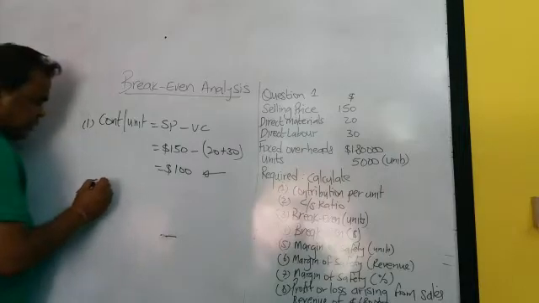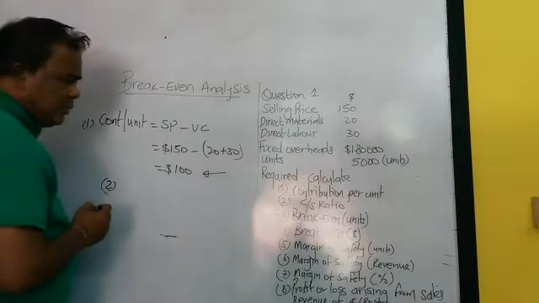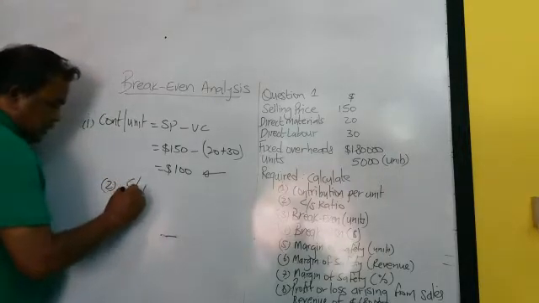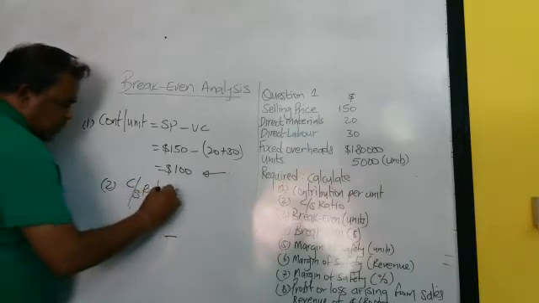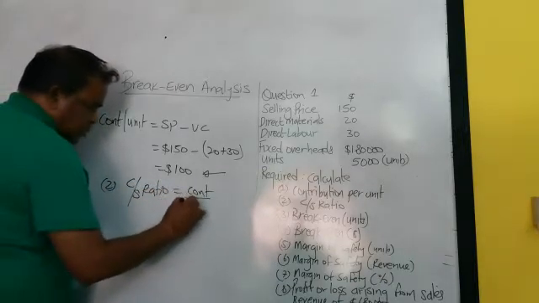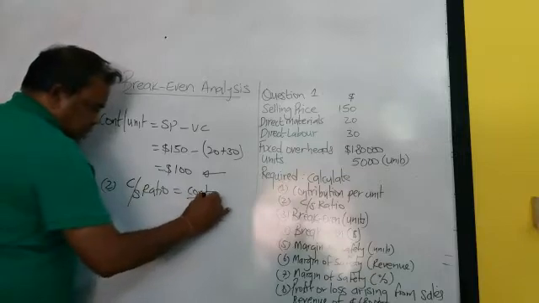Now, how do we calculate the second, CS ratio? Contribution over sales times 100.